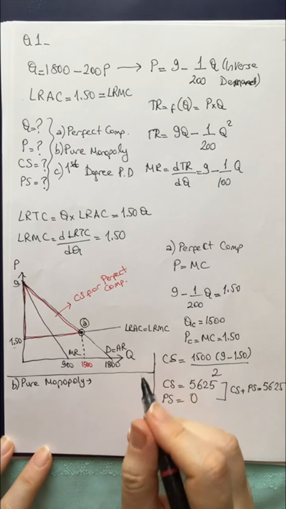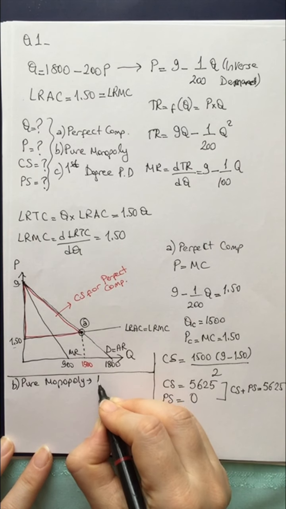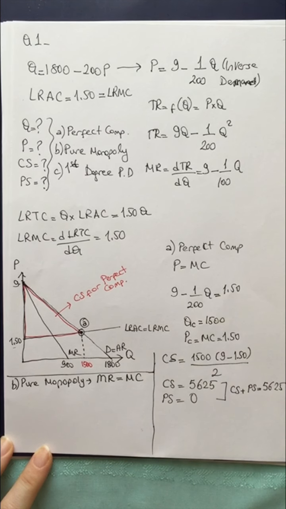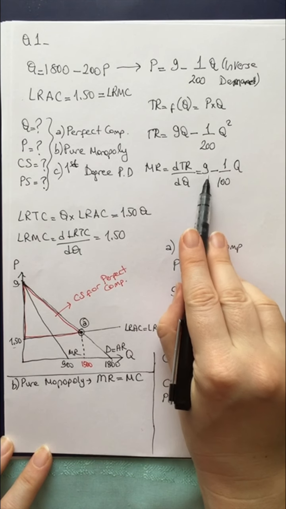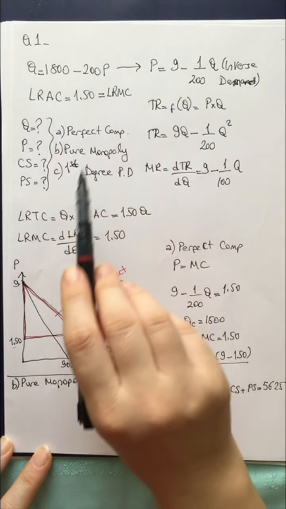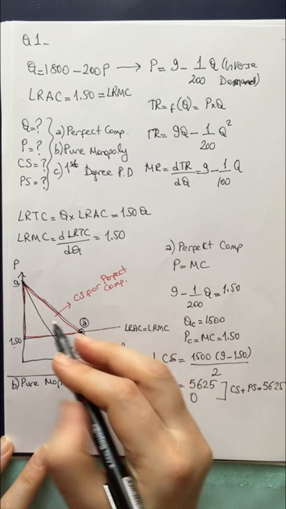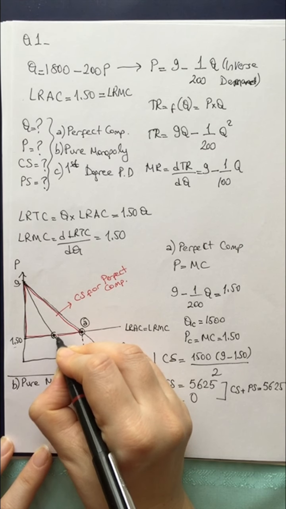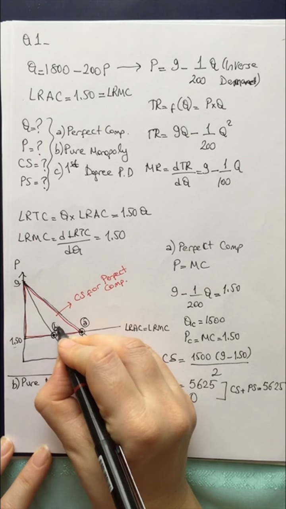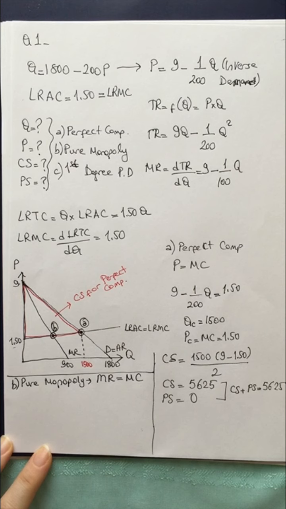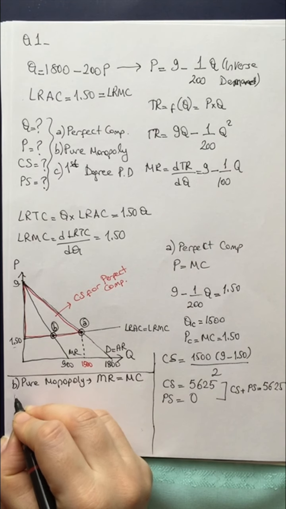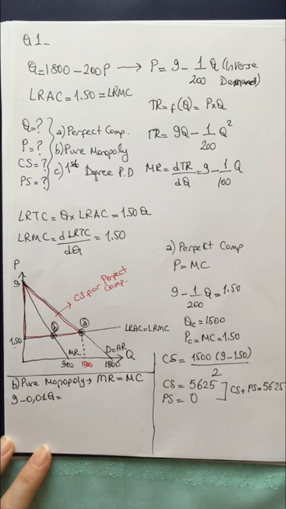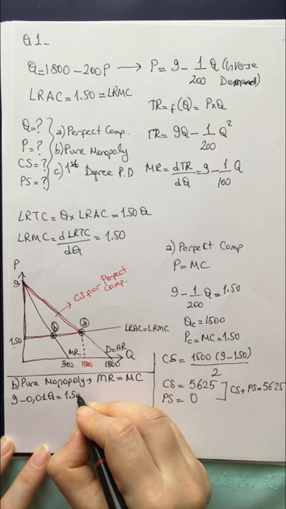For pure monopoly, the profit maximization condition is that marginal revenue must equal marginal cost. So we will equalize marginal revenue to the constant marginal cost, which is point B, because it's question B. Let's equalize 9 minus 0.01Q equal to 1.50.